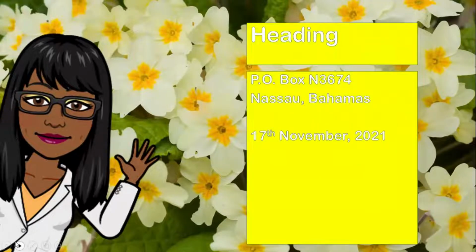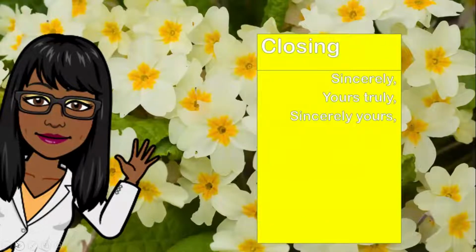So when I come now to put my closing, your closing will go on that same right-hand side next to the folded margin that you would have created. And of course, it would not look like this. This is not aligned, all right? It will be against the margin, but these are 3 closings that you can use: sincerely, yours truly, or sincerely yours, and you must put the comma at the end.